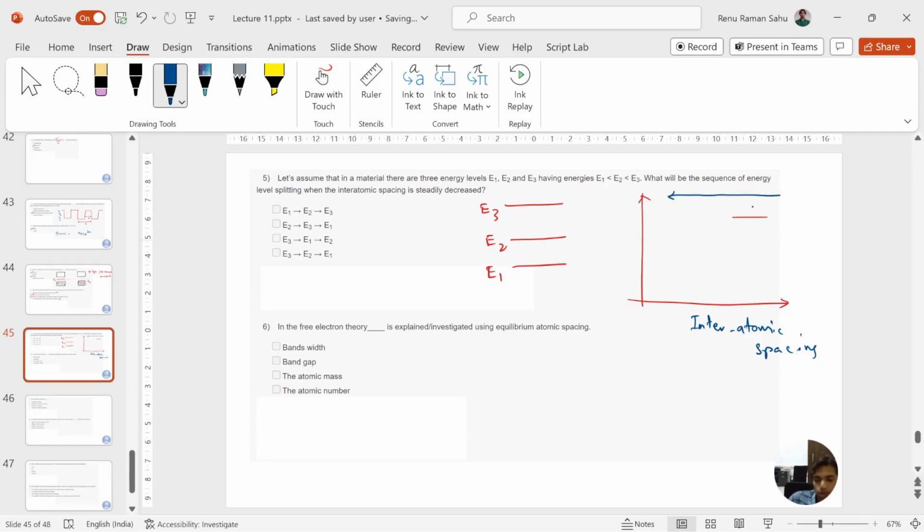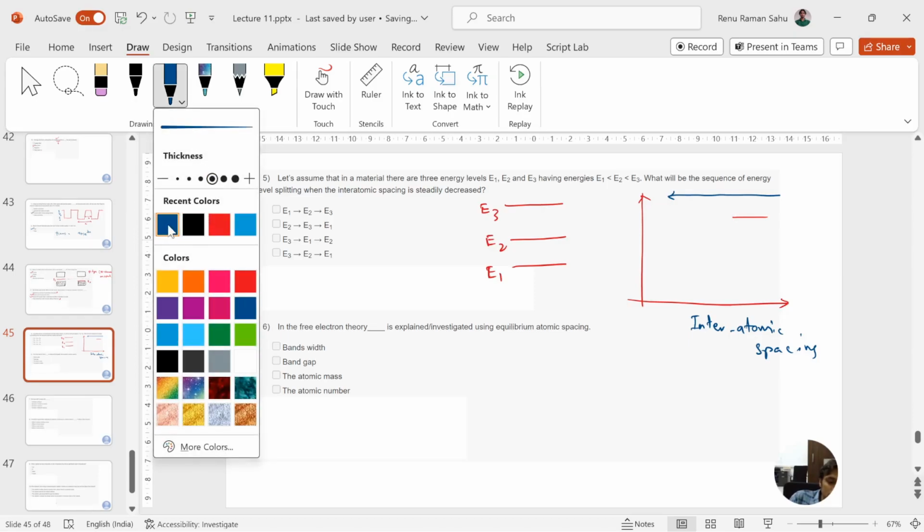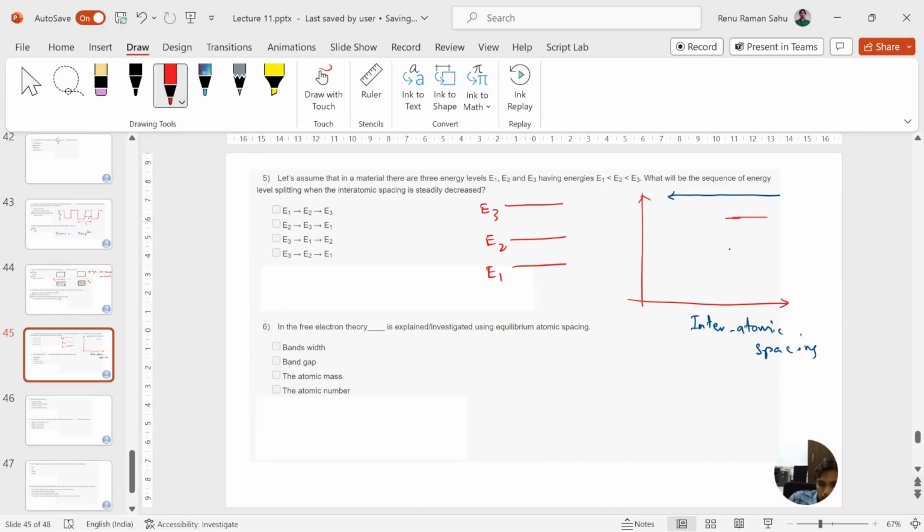As you go from here to here, it is steadily decreased. What is the sequence of energy level splitting? So you are going like this. First, which one of these levels will split as you decrease the interatomic spacing?